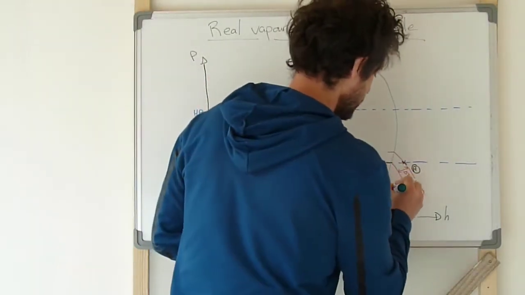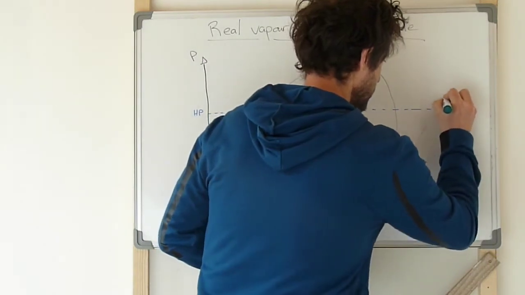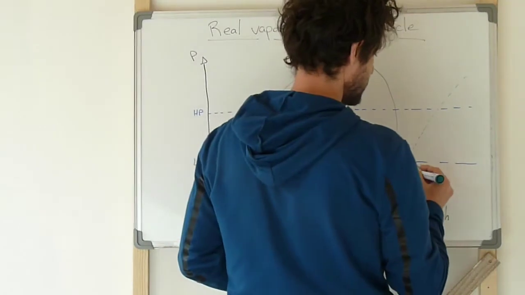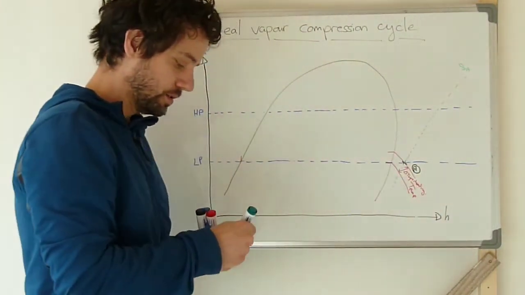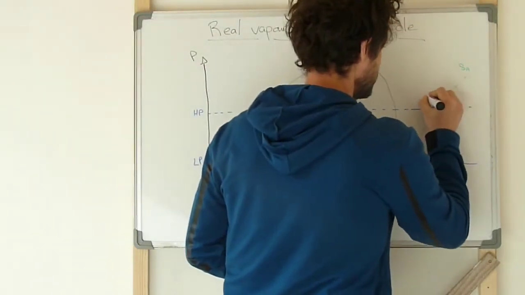So you can look for the isentropic line crossing point A, so that's little s index A, and the crossing with the high pressure isobaric line corresponds to point B_s.